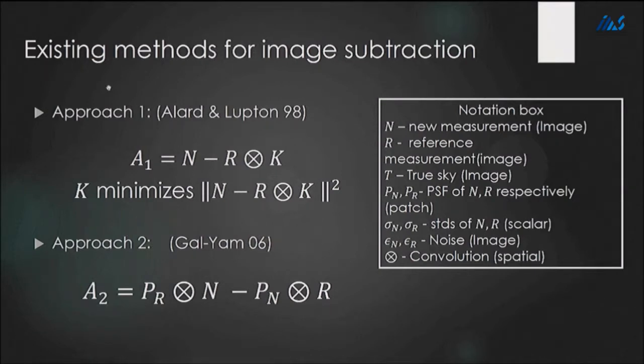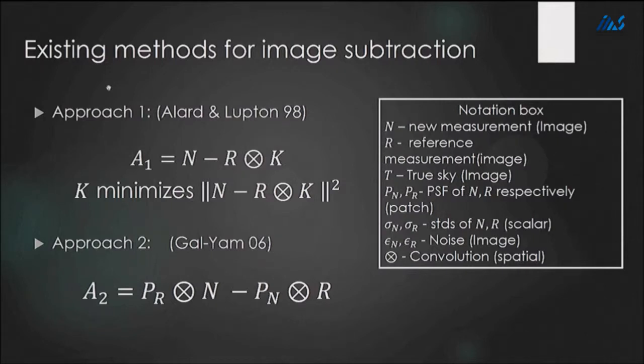So what are the existing solutions for image subtraction? Well, you have two approaches. This one is unpopular, so we'll regard it less, but this is the main thing. This is used by practically all surveys. It's by Alard and Lupton. We'll call it Alard and Lupton. You take your new image, and you subtract something which is not exactly the reference image.